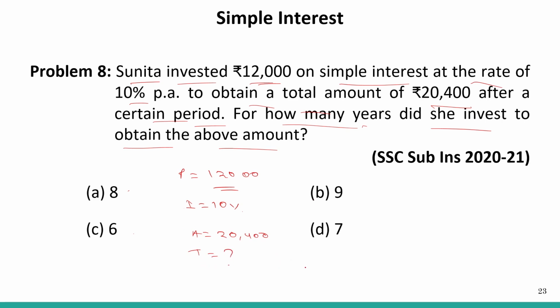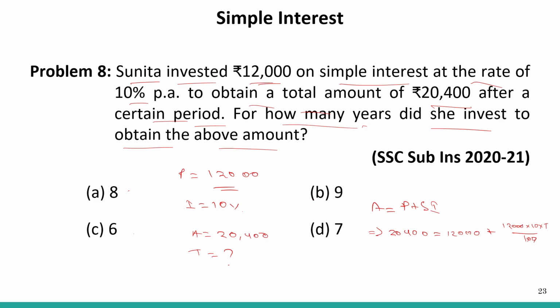So A is equal to P plus SI, right? This implies that 20,400 is equal to 12,000 plus SI, where SI is PRT by 100. So P is 12,000 into R is 10 into T is unknown here, by 100.